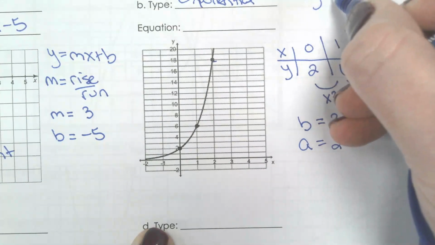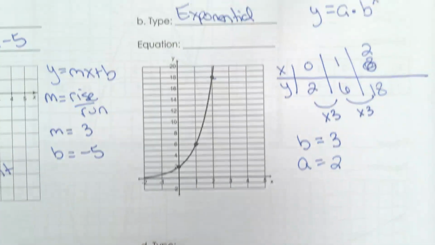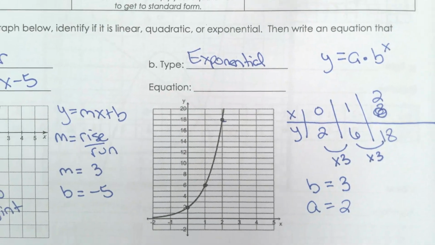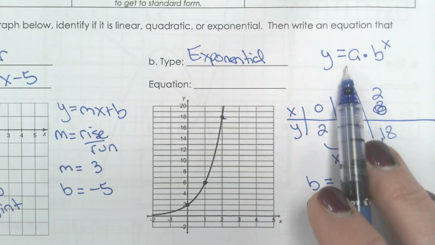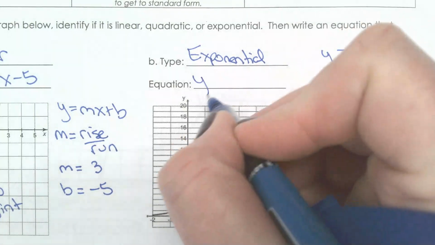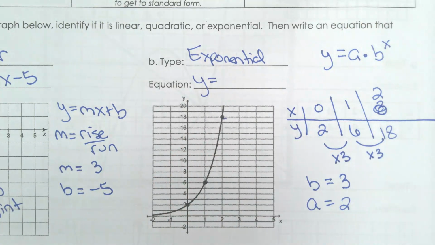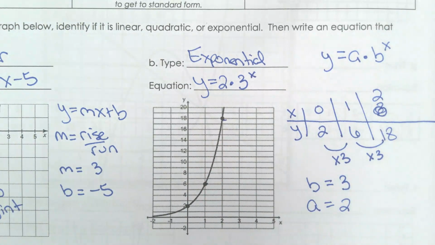In exponential, its general form is y equals a times b to the x. So once you find your multiplier and your y-intercept, you're in a position to just substitute those two numbers in. So I have y equals 2 times 3 to the x power.